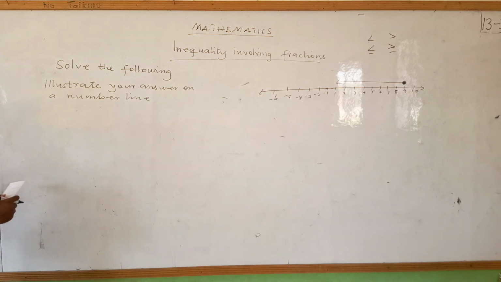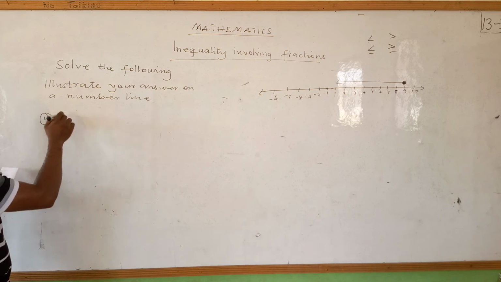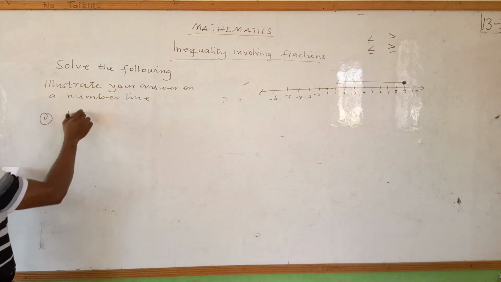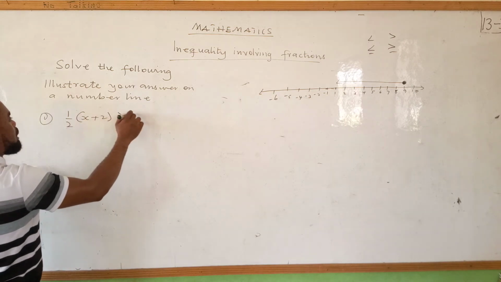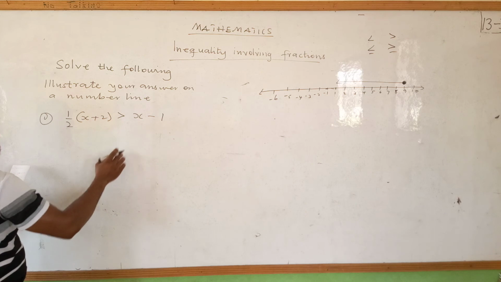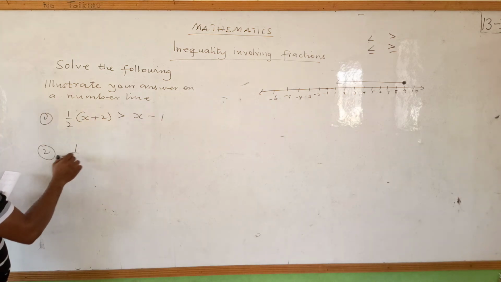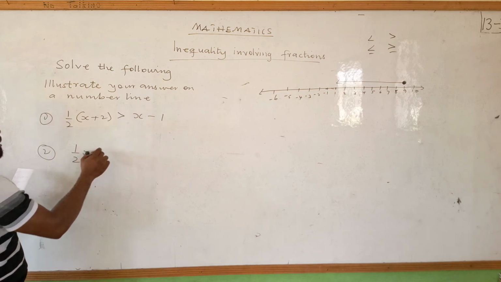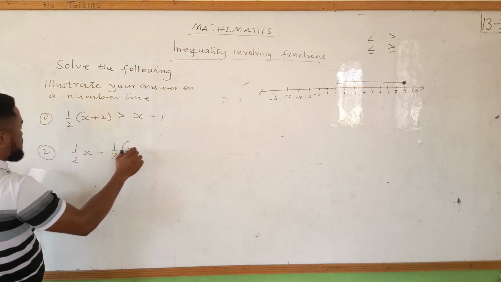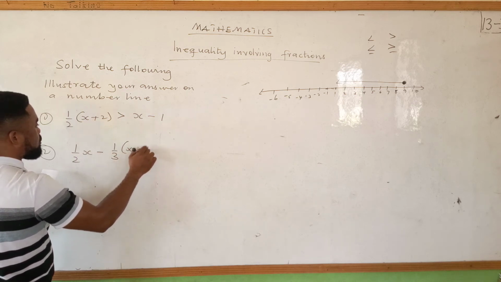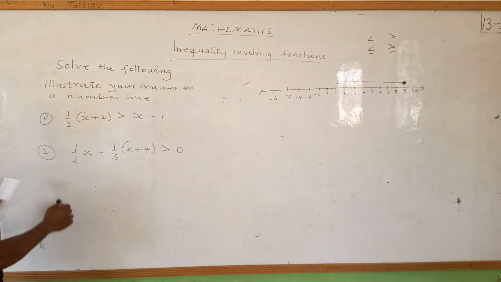Okay, so you should illustrate your answer on a number line. Number 1: 1/2 into bracket x plus 2 greater than x minus 1. Number 2: half x minus 1/3 into bracket x plus 4 greater than 0.